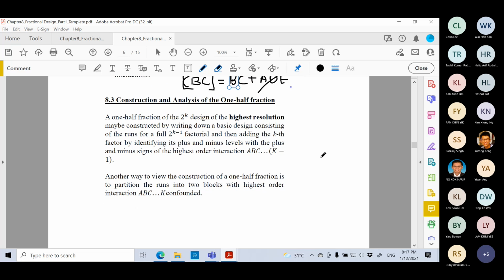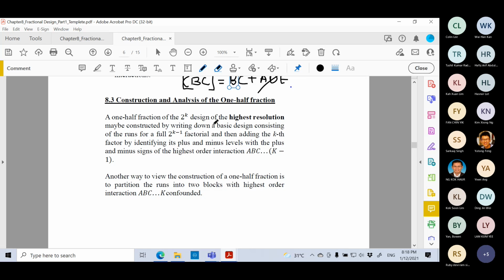So here actually I stopped. If I'm not mistaken, I stopped somewhere around here. So here is the construction of the one-half fraction. For the one-half design, we choose the highest resolution, which may be constructed by writing down the basic design consisting of the runs of the full factorial of 2 to the power of k.